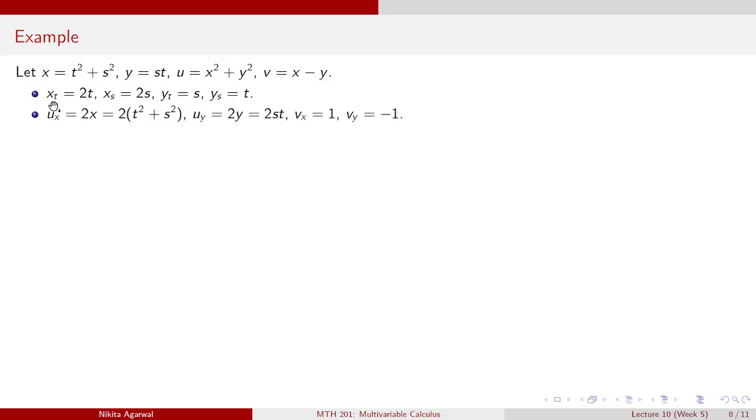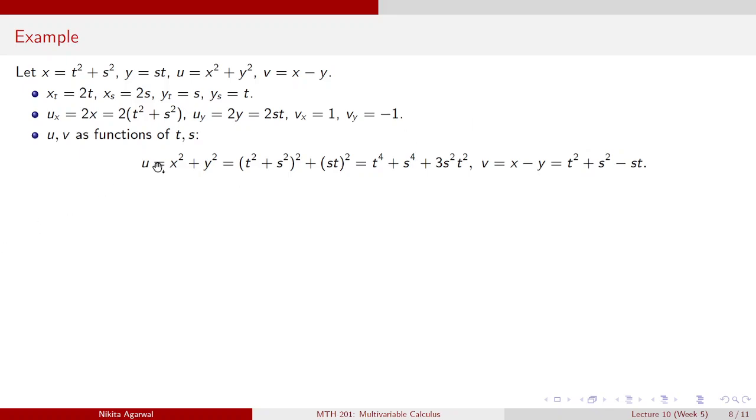For chain rule you need all the derivatives, because you need all the derivative matrices. So you compute all the partial derivatives of x, y, u and v with respect to their variables. In the second row, I have plugged in x as a function of t and s also, just to tell you that that dependency is also there.